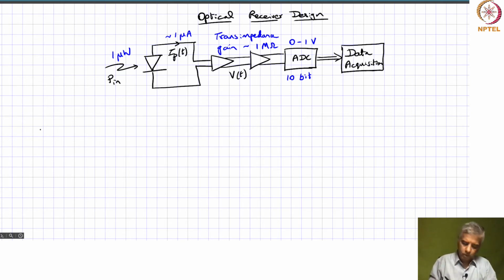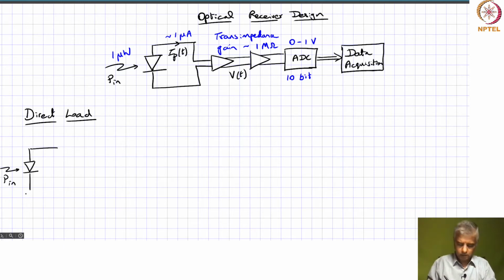Okay, so one simple configuration is what you would call a direct load configuration. And in a direct load configuration, what we have is this photodiode, which is going to generate the photocurrent upon certain light that's incident on it.